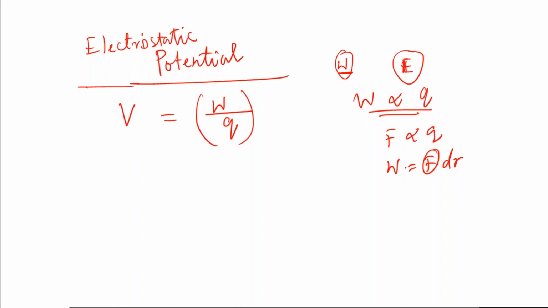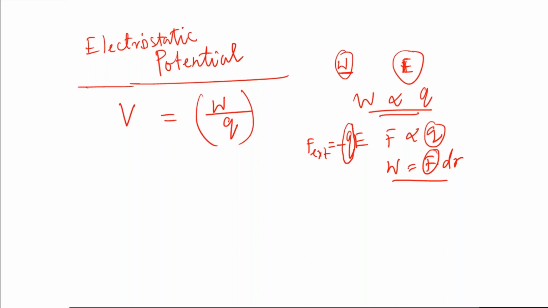And force depends on the test charge I bring. Why? Because the external force is exactly equal and opposite to the electrostatic force, which is E into Q, or Q into E. So if you bring more charge, you get more work done; if you bring less charge, you get less work done.